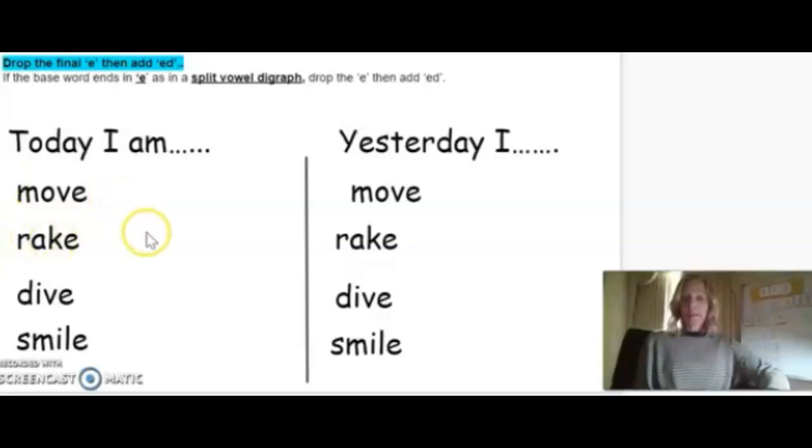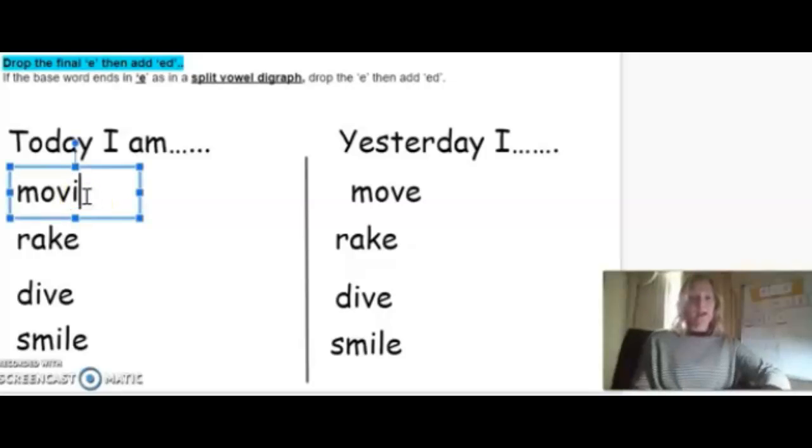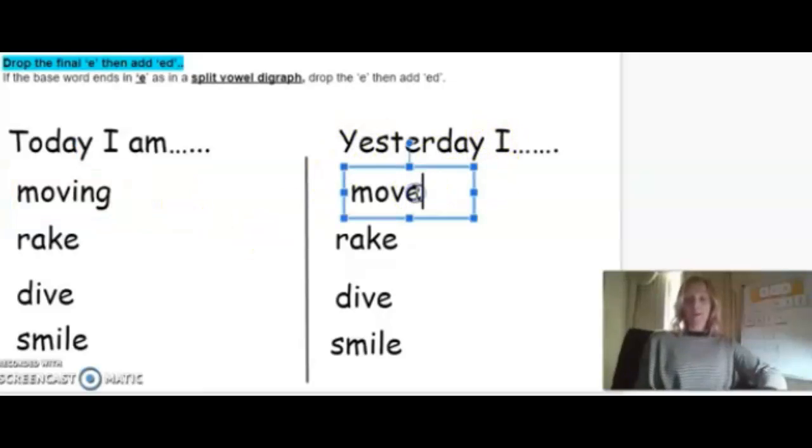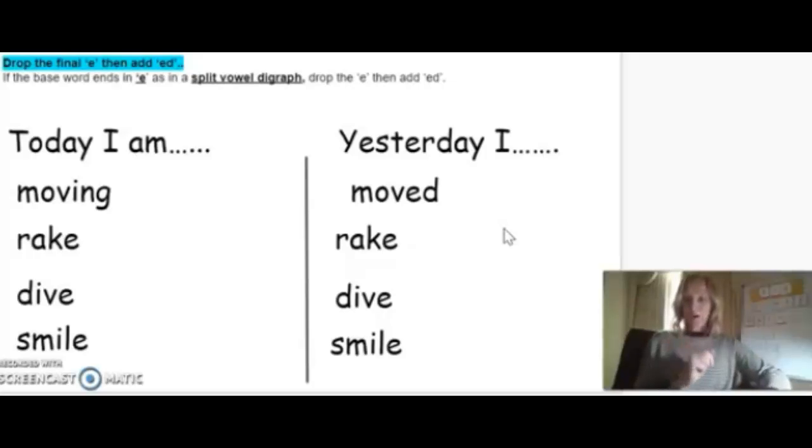If we want to say it in the present tense, today I am, what would present tense be for move? Moving. Today I am moving. We have to drop the E, add ing. Today I am moving. Yesterday I moved. We have to drop the E, add ed, and then we get moved. Well done.